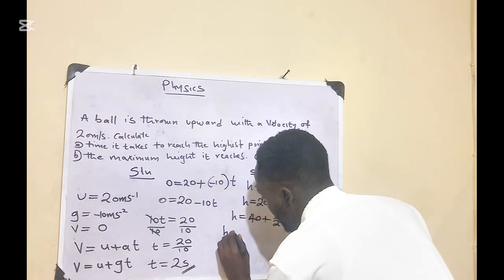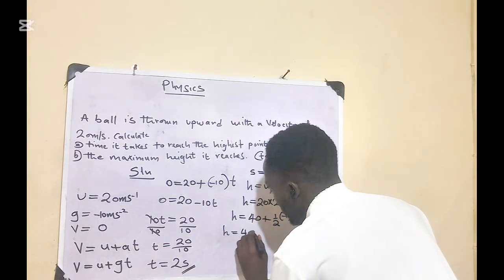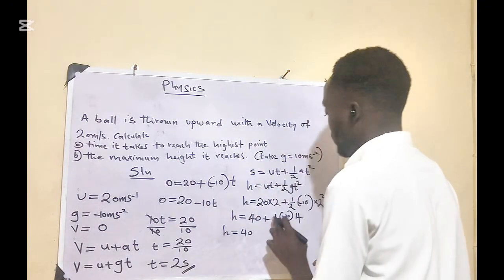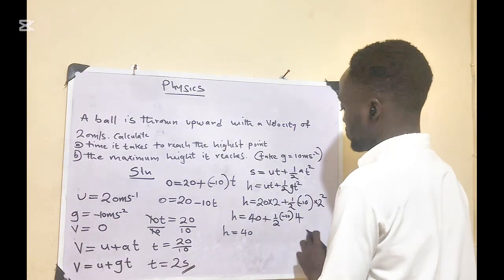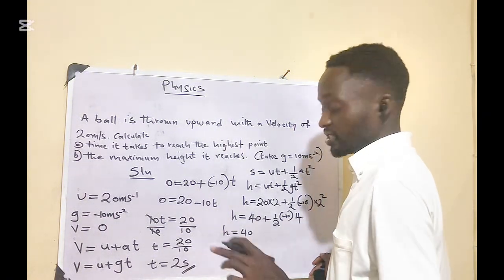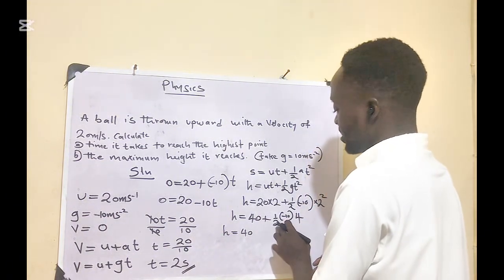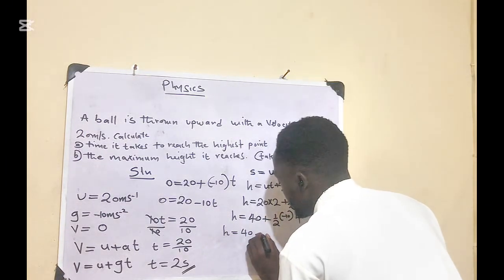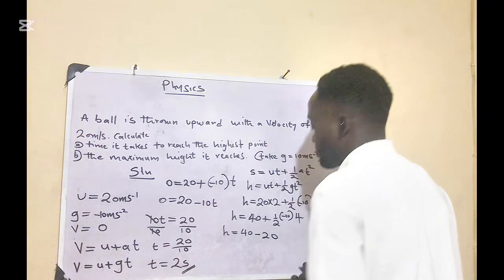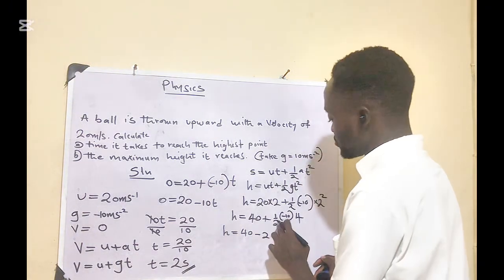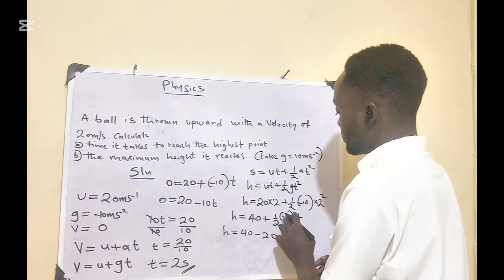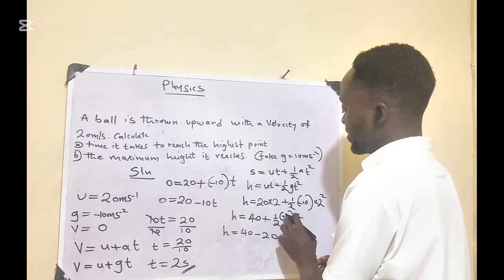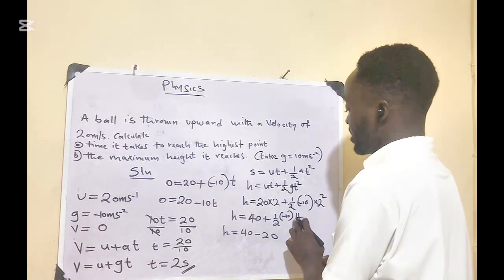So we have that h is equal to 40. Now what we have here is minus 10 times 4. Minus 10 times 4 is going to give us minus 40, then minus 40 divided by 2 is going to give us minus 20, because of this minus here. This minus is going to affect this plus, because 1 times minus 10 is minus 10, and minus 10 times 4 is minus 40.